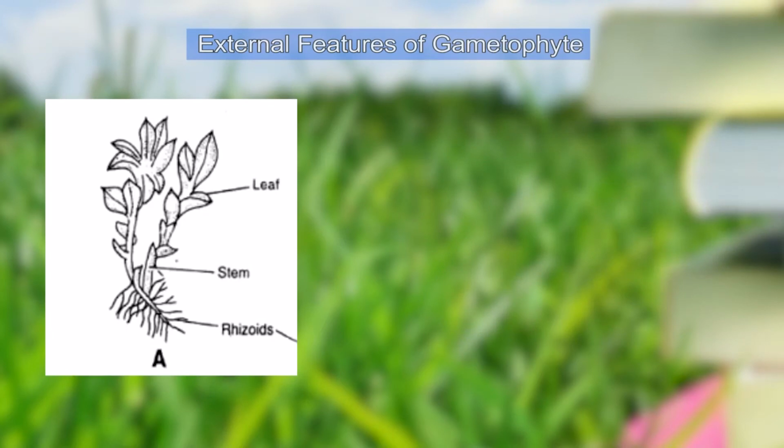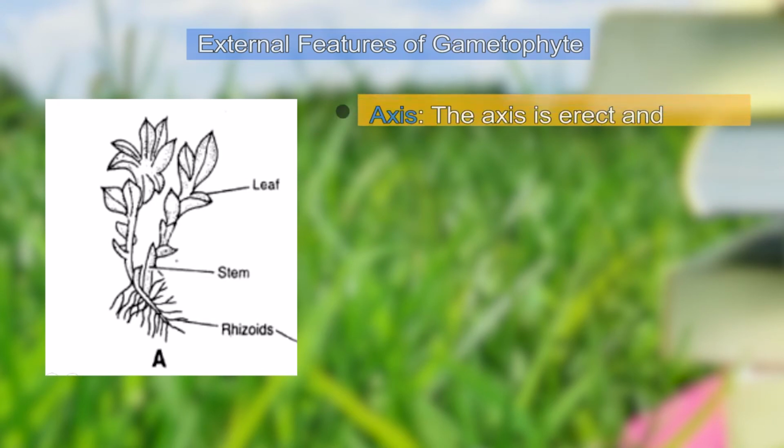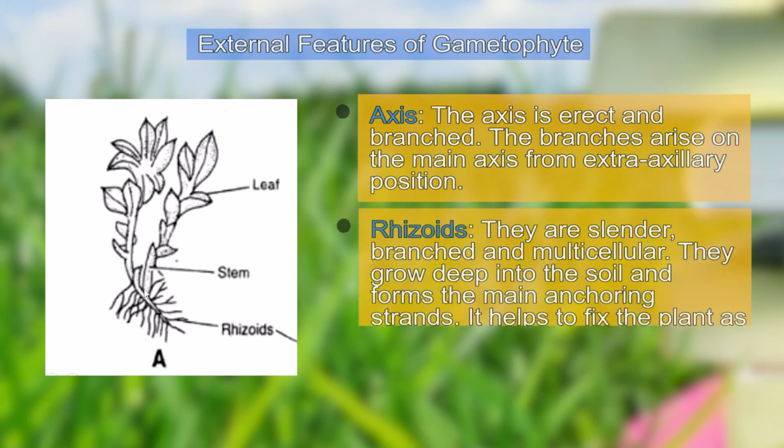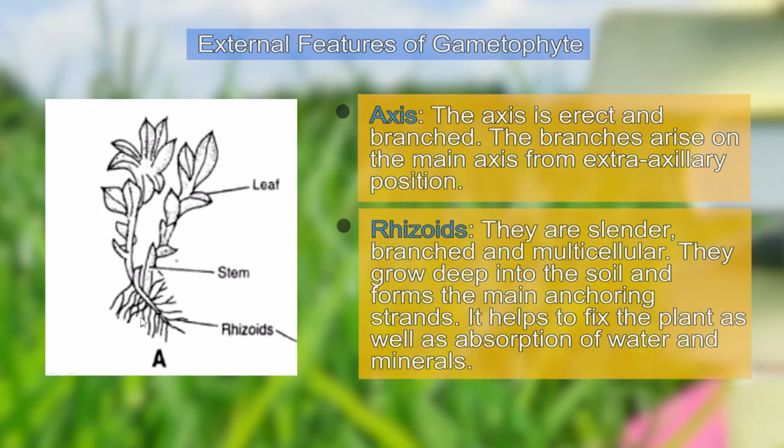As we can see in this diagram, the gametophyte is differentiated into leaf, stem and rhizoids. So, it is more advanced and more evolved than Marchantia. The axis is erect and branched. The branches arise on the main axis from extra-axillary position. These are the rhizoids, they are slender, branched and multicellular.